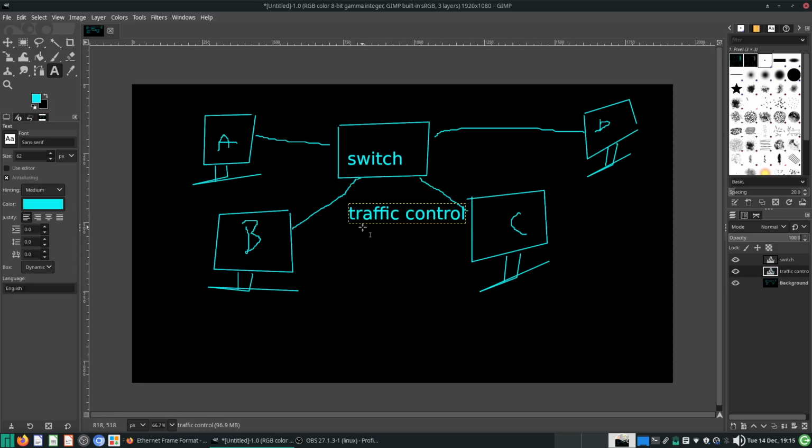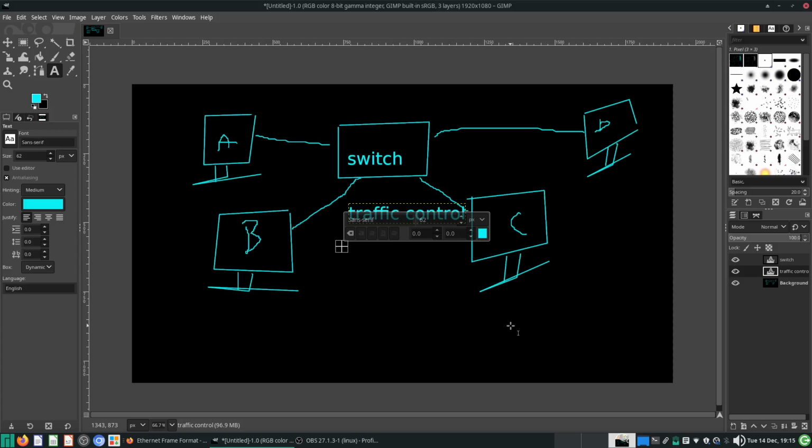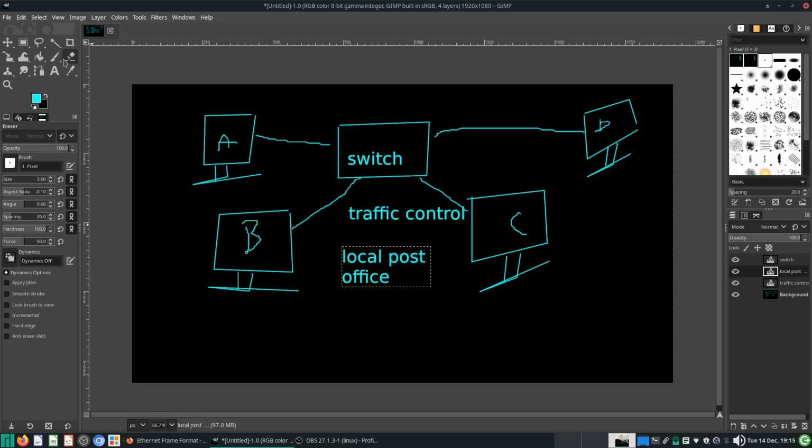Another way to think of it is it's like your local post office. As A is sending mail, like letters, intended for B, this post office, so to speak, which is the switch, will be able to sort out the mail.